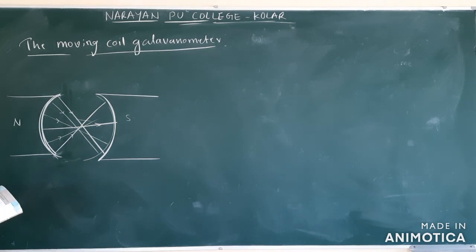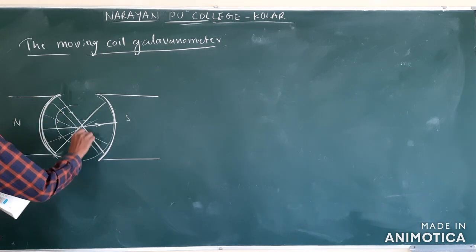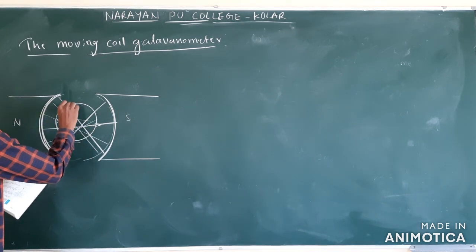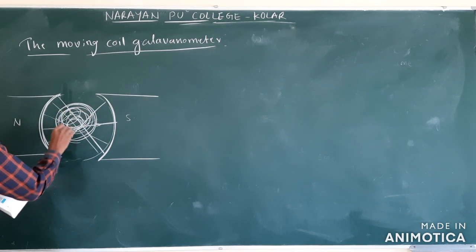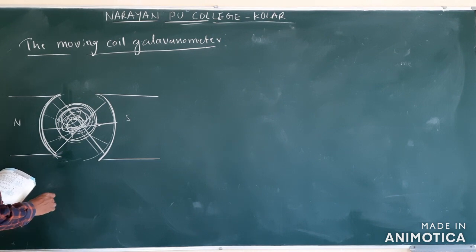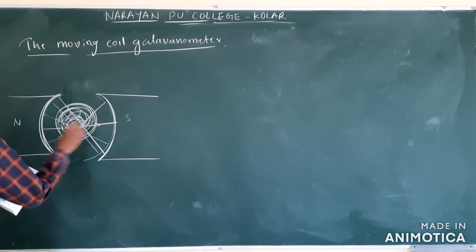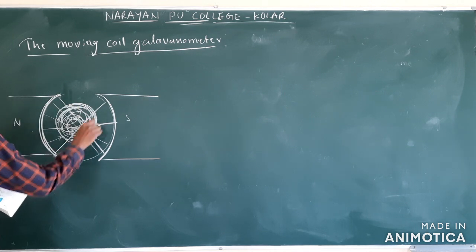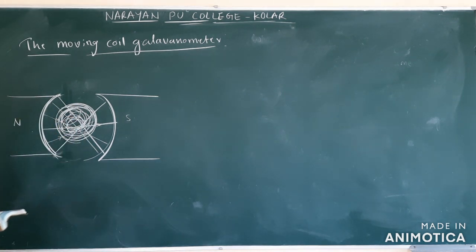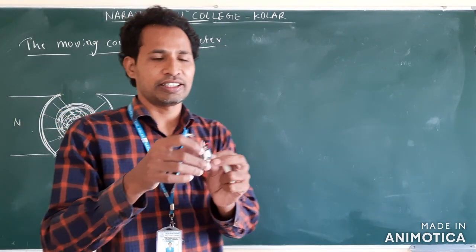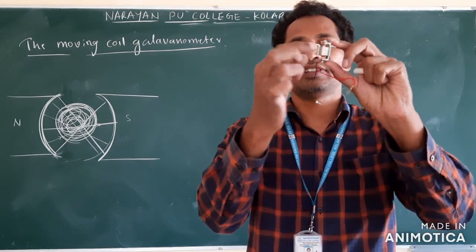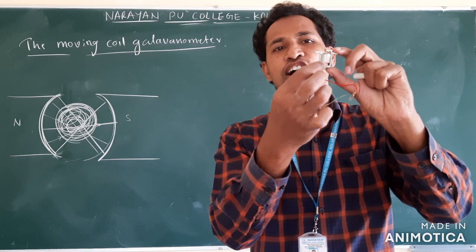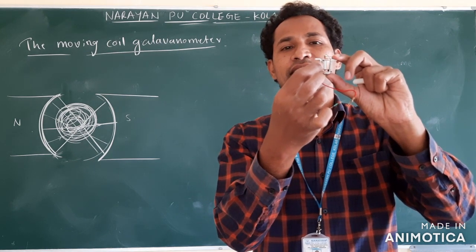In this radial field, we will fix a cylindrical ferromagnetic surface, a cylinder. Clear? These two are magnets. In this region, we place a solid cylinder, soft iron, which is a ferromagnetic material.